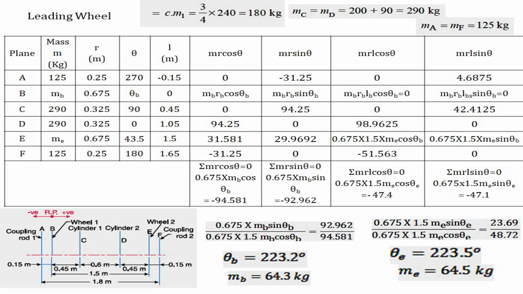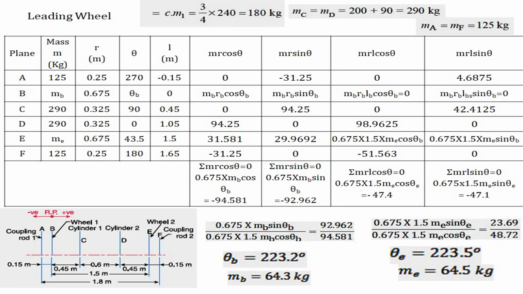So on one side we are going to balance 90 kg of reciprocating masses, and 200 kg is the revolving mass. So 200 kg plus 90 kg is 290 kg. So in a leading wheel we are going to balance 290 kg of total mass, as well as we are having a coupling rod. The total mass of the coupling rod is 250 kg.